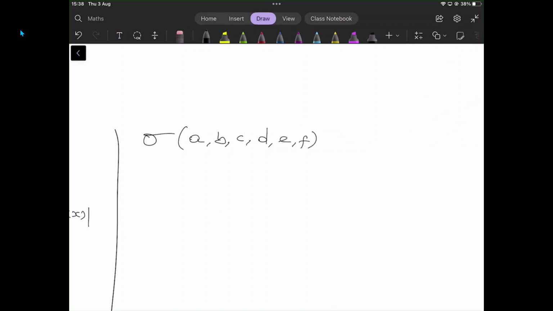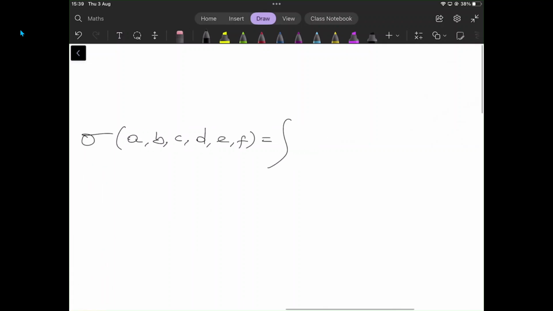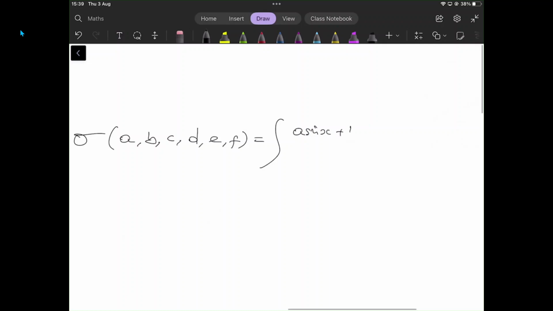If you wanted to graph this function with every single one of these variables, you'd have a 6-dimensional graph. But let's not talk about that. This would equal the integral of A sine x plus B cosine of x all over C sine x plus D cosine x dx, of course with our limits of integration going from e to f, like this.